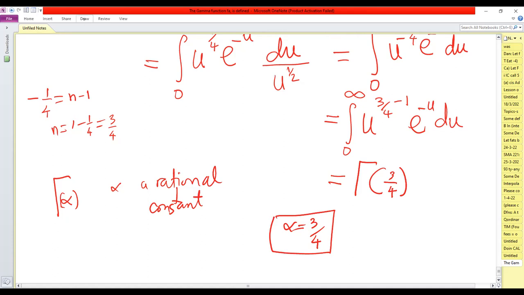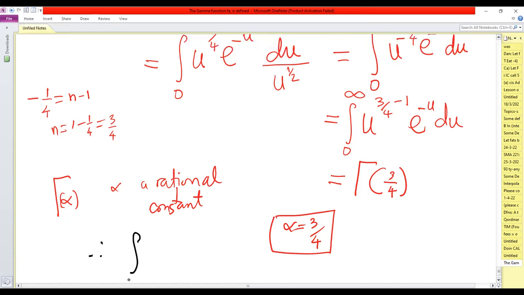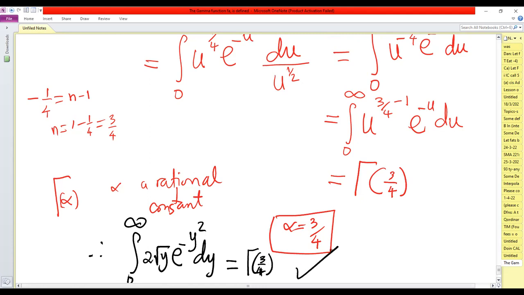So therefore, the final solution of the equation, the integral from 0 to infinity of twice the square root of y e raised power minus y squared dy, is nothing but gamma of 3 over 4. So this is the solution.